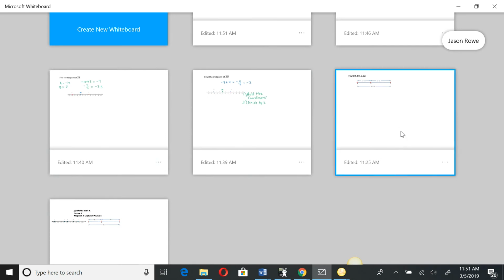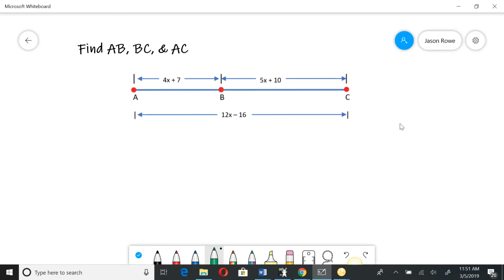All right, final example here. So this time we're asked to find the lengths of AB, BC, and AC. Now, why is that? Well, if we look at everything we're given, we're just given everything as an expression. We're not given the value of any segment. So we're going to go through the process.